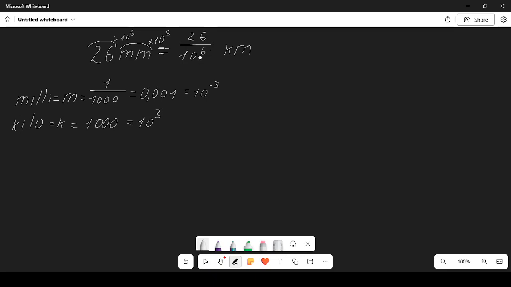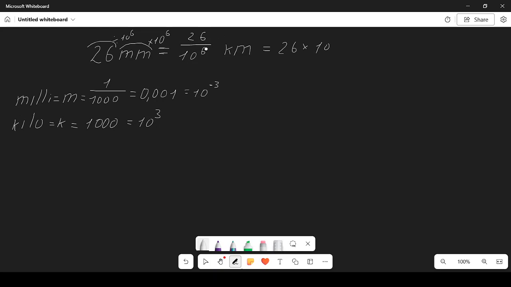Okay, now we actually did the conversion, but it's presented as a simple ratio. Let's write it in one line. So it's 26 multiplied by 10. What do we want to do? We want to move 10 to the power of 6 from the down part to the up part.